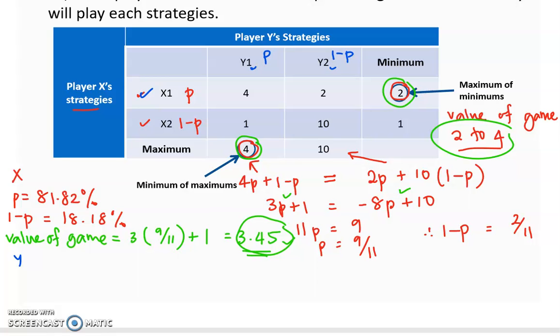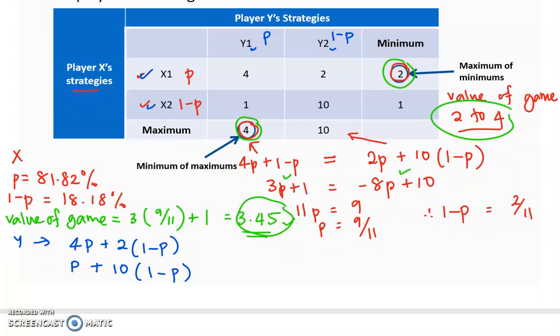So the expected loss for player Y is 4 times p plus 2 times 1 minus p. And if player X chooses strategy 2, the expected loss for player Y will be 1 times p, or just p, plus 10 times 1 minus p.